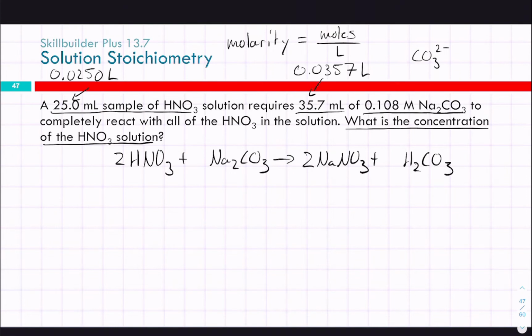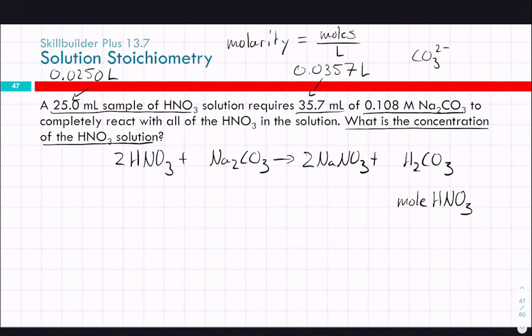So the last problem, we kind of worked it backwards. This one, let's try working it forwards. So eventually we're going to need the moles of HNO3. That's our target. We can start with the things that we do have, which is this 35.7 milliliters of 0.108 molar sodium carbonate.